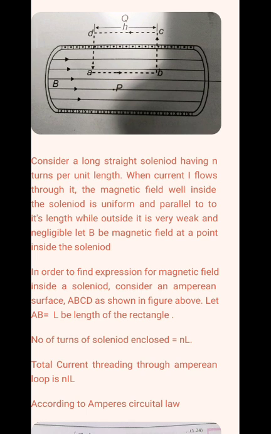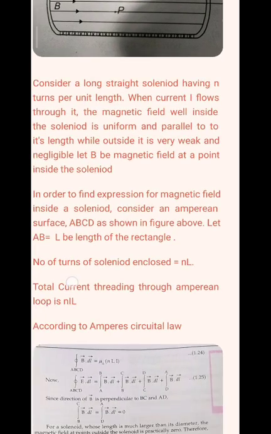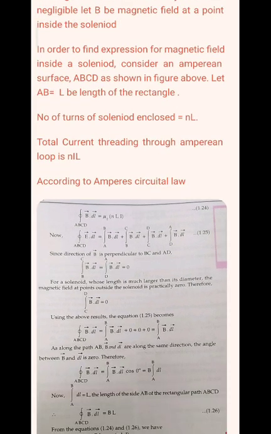BC and DA are perpendicular to B. BC is upwards and perpendicular to B, and DA is downwards and also perpendicular. So B dot dl will be B cos 90, which is 0.